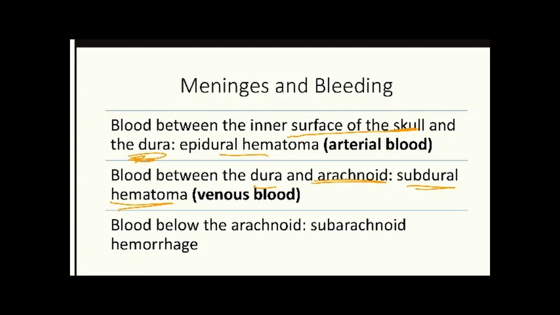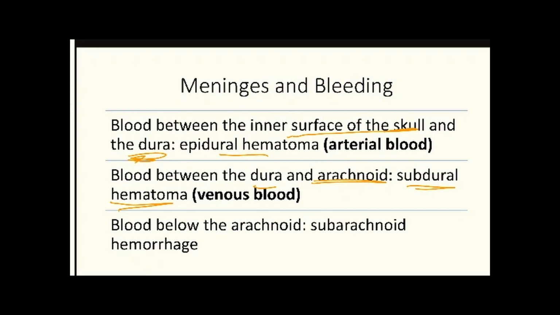Subdural hematomas are mainly venous blood. So they're slow progressing because venous blood is very slow moving, not a lot of pressure, it doesn't do much, it oozes. But an epidural hematoma with arterial blood under much more pressure is going to evolve more rapidly, and the blood's going to expand faster in that area.